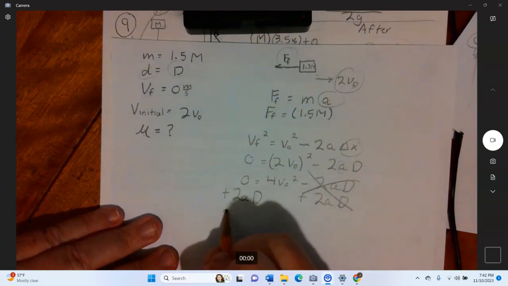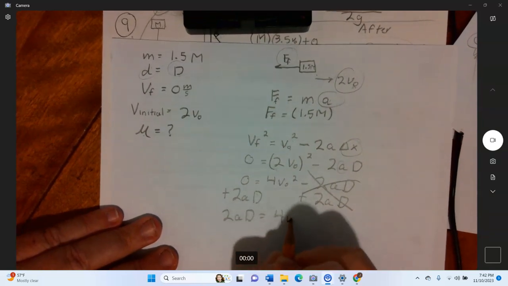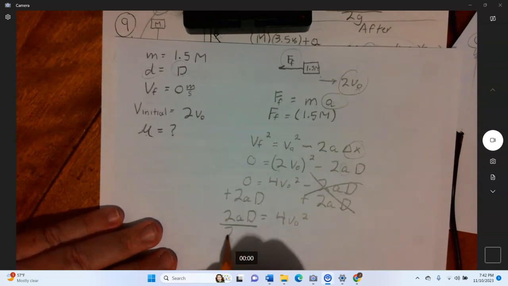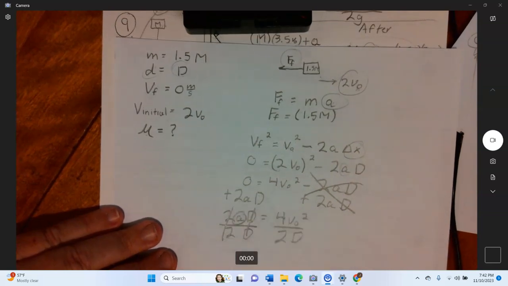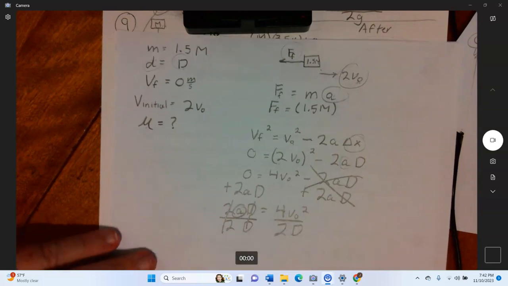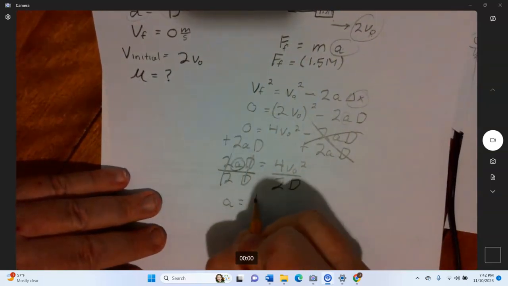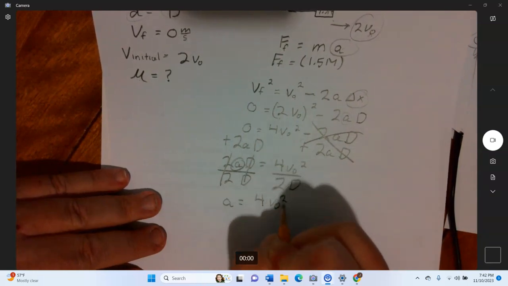And so what you have is 2AD equals 4 VO squared. We're going to divide both sides by 2D. This D cancels, this 2 cancels, the only thing you have left is A, so that's going to be the acceleration. 4 VO squared over 2D.